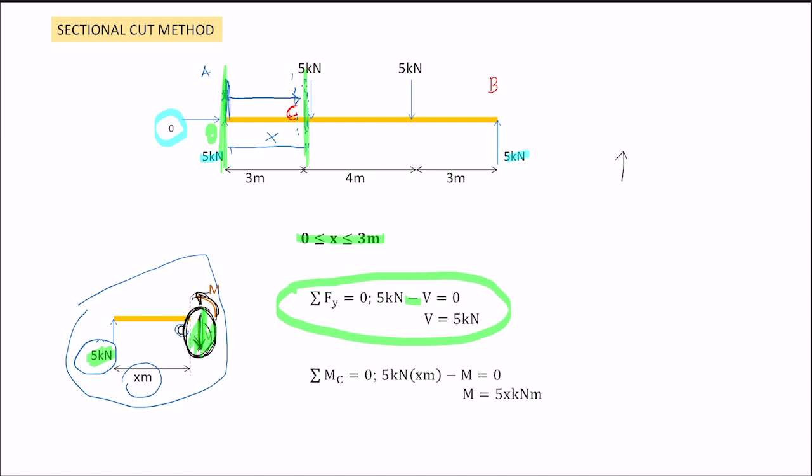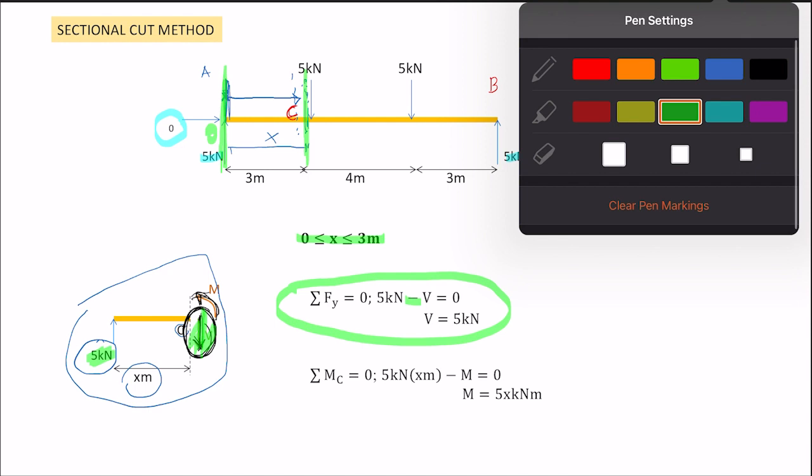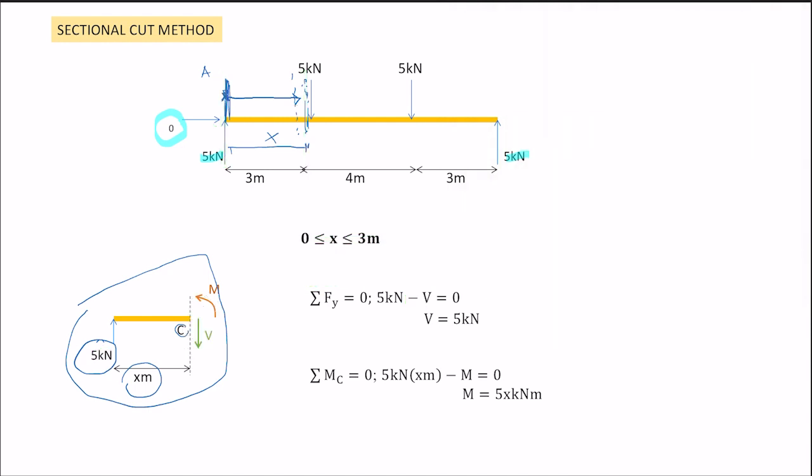So V is equal to 5 kilonewton. So we will not assume it goes up. There is a reason, which we will see later. If you assume it goes up, you won't get the answer.